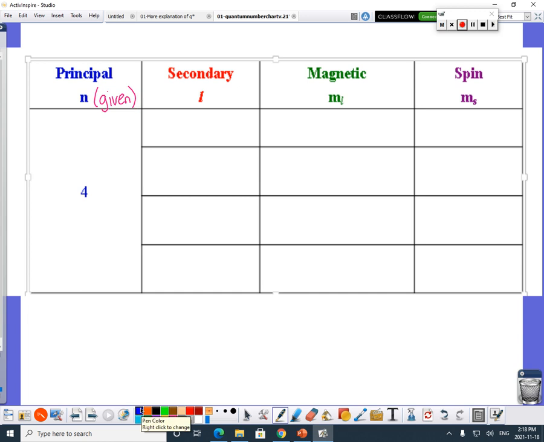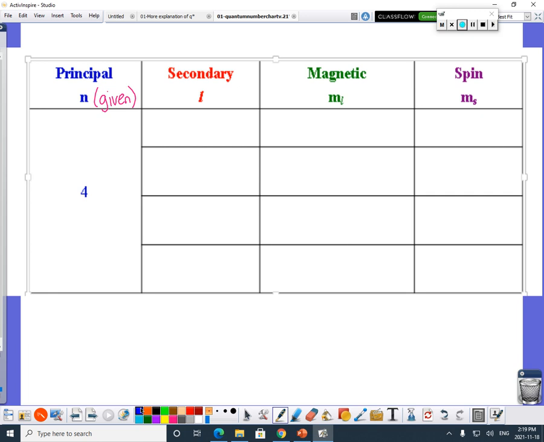And normally, if I was going to give you this kind of question on a test, then the chart would look similar to this. So if we have an N value of 4, that means that you're going to get 1, 2, 3, 4 secondary values. So the number of rows you can use as a clue, okay?